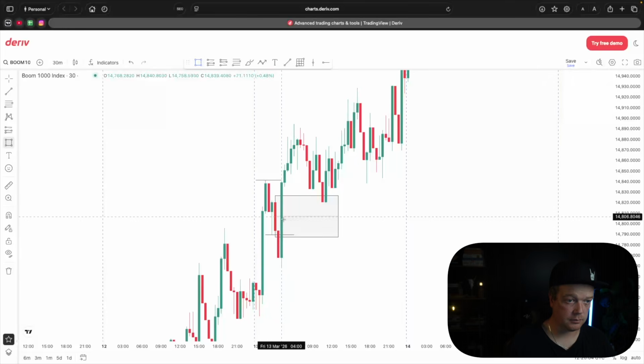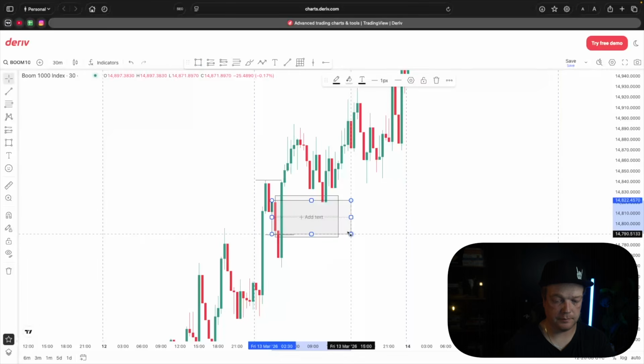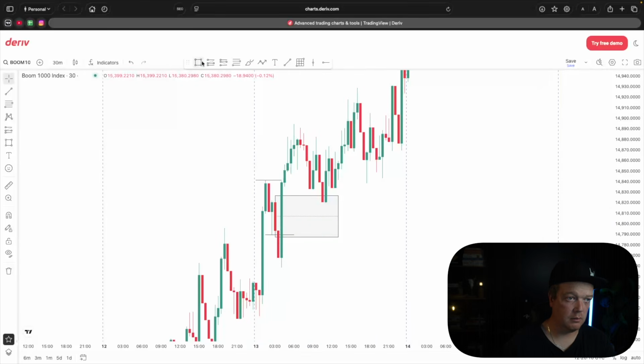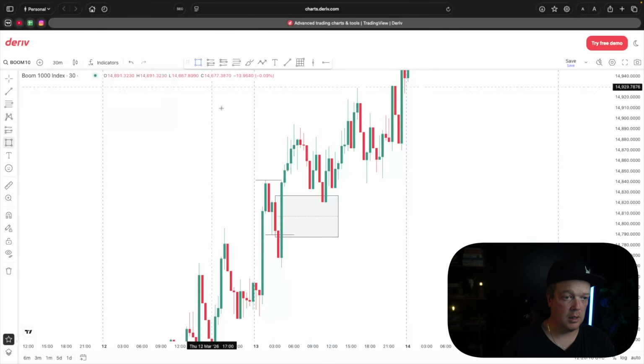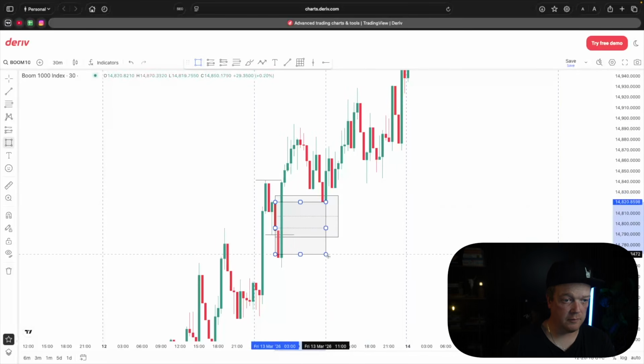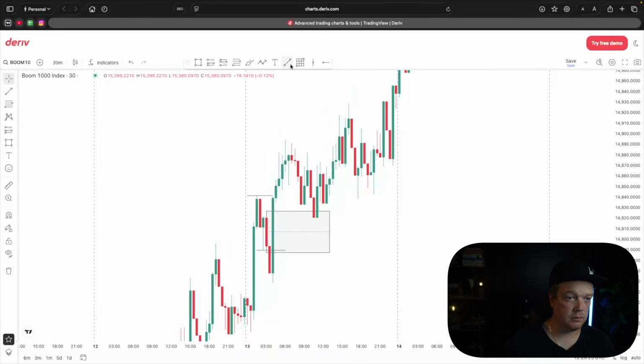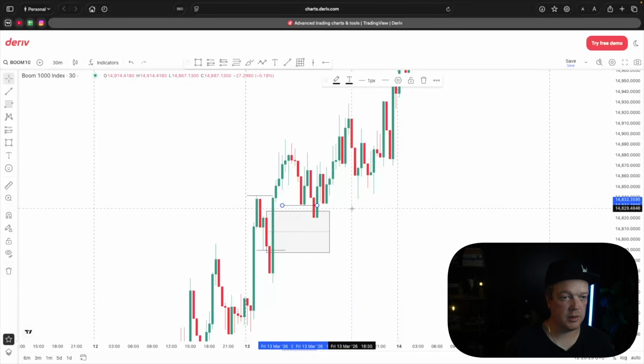Yes. We have a breaker block right over there. We have a fair value gap right over there. And we have a higher time frame order block overlapping right over there. And best of all, we have liquidity actually resting just before the zone.